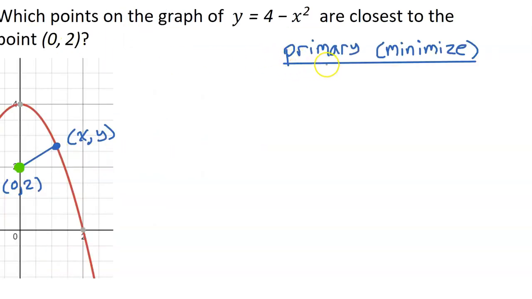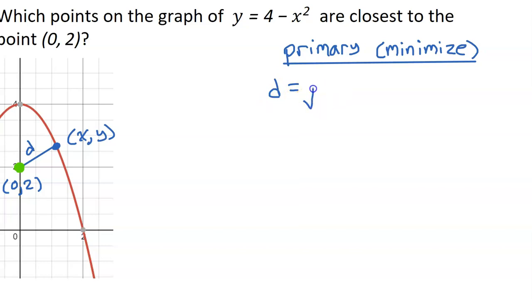So what will the primary equation be? What are we trying to minimize? If we want this point to be as close as possible to (0, 2), that means we need to minimize the distance between these 2 points. So let's set up a formula for the distance. That's right, a formula for the distance is the distance formula.